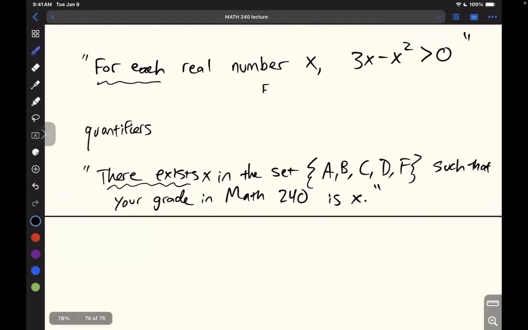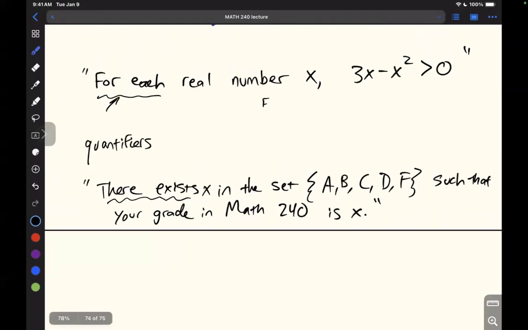For each, we're saying for any possible value, this statement is true. Or there is one grade in this set that will be your grade. So either there's multiple options or there's one option.